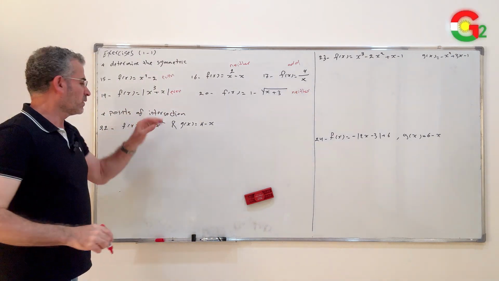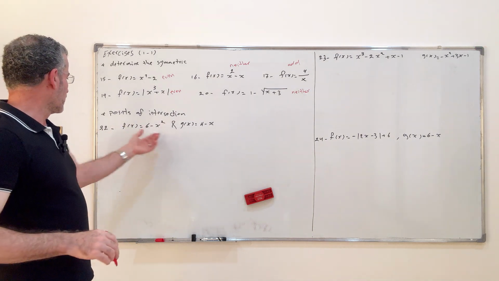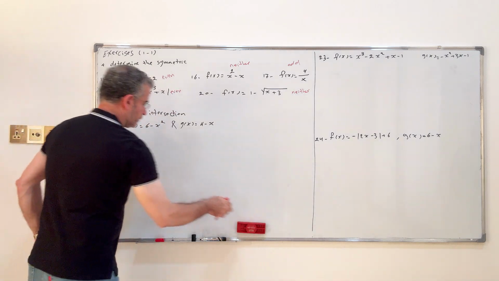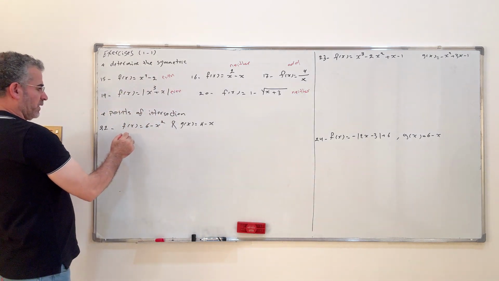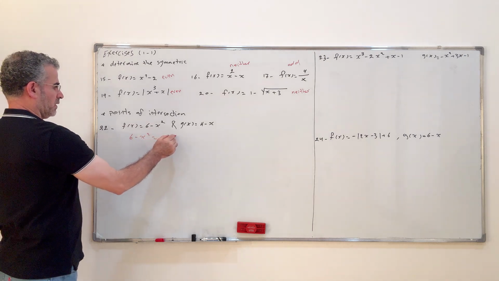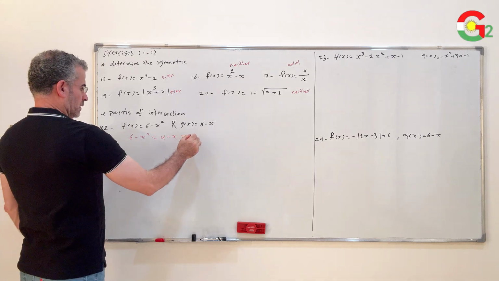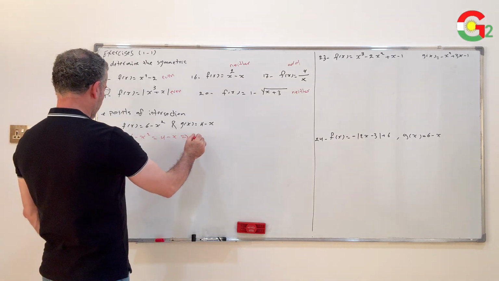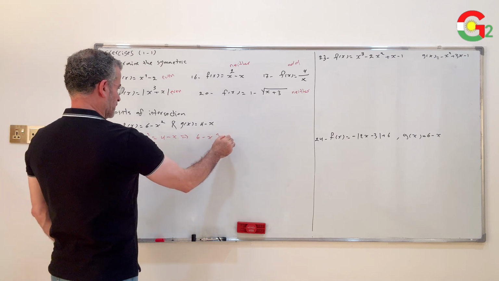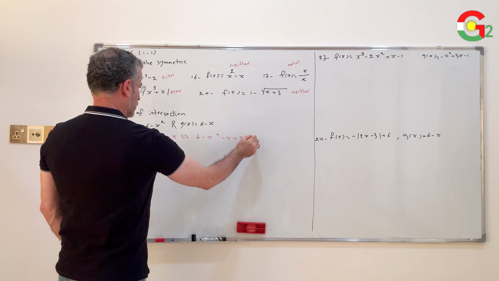Point of intersection. Find the point of intersection of these two functions from 21 to 24. Set f of x equal to g of x and solve to find x. F of x equals g of x. 6 minus x power 2 minus 4 plus x equals 0.